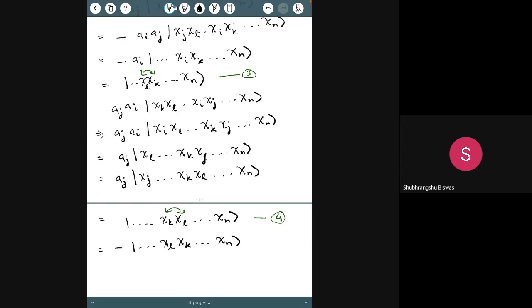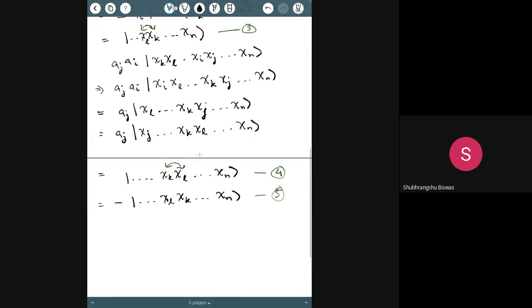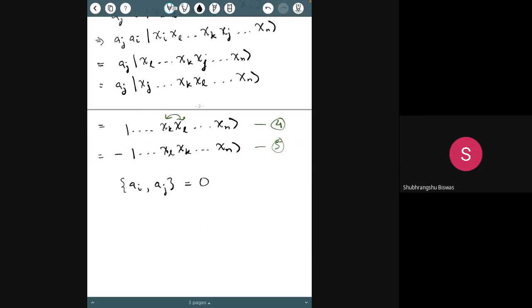And then now when I add say 3 and 5, then I get 0, which gives me the anti-commutator of the annihilation operators. So the creation operators anti-commute among themselves, and the annihilation operators anti-commute among themselves.